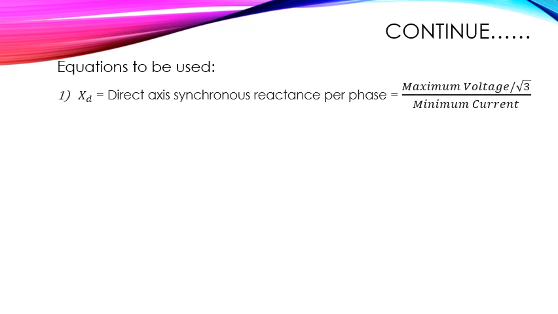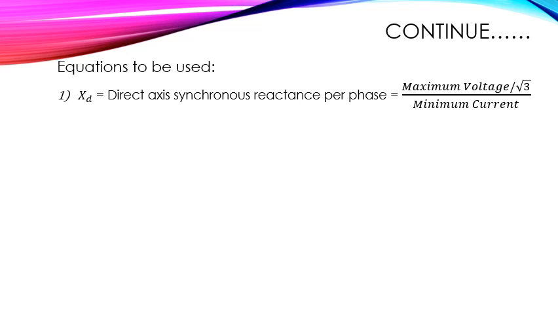Now, continuing, we will see the equations to be used. Using the given data, we have to find the direct axis synchronous reactance per phase, and the equation for that is maximum voltage to minimum current. But as the given values are line values, we divide by root 3 to get the phase voltage.